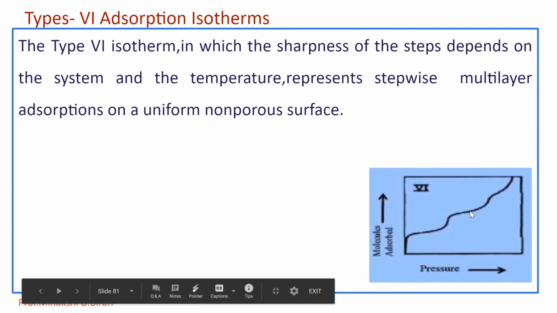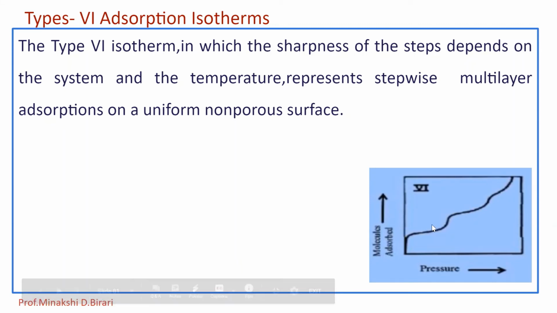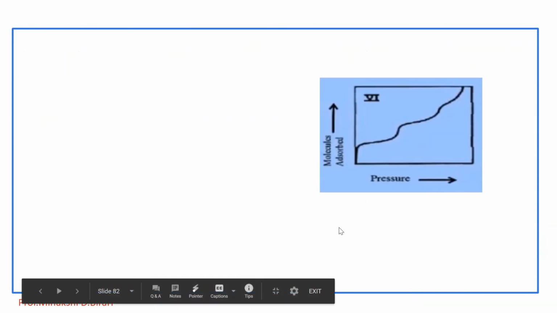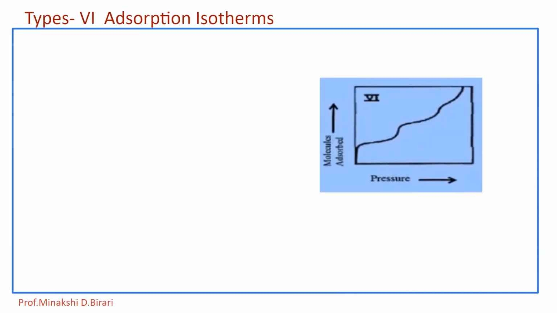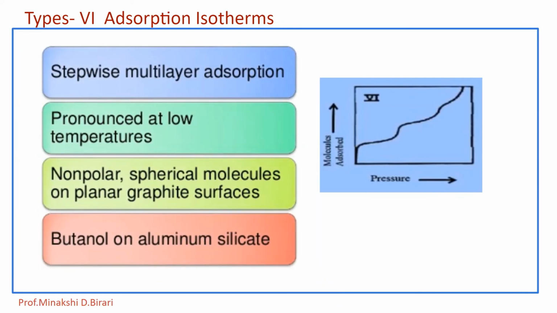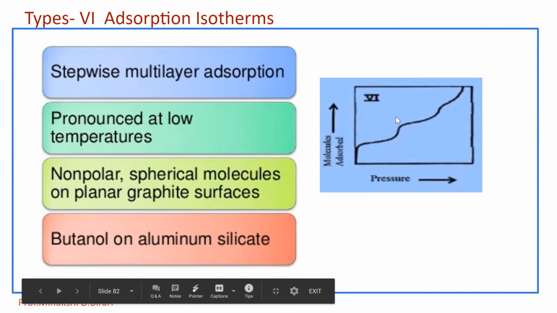Amongst the examples of type 6 adsorption isotherms are those obtained with argon or krypton on graphitized carbon black at liquid nitrogen temperature. So in this type 6 adsorption isotherm, stepwise multilayer adsorption occurs.